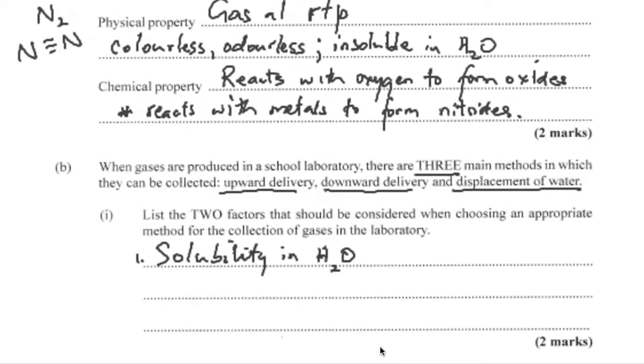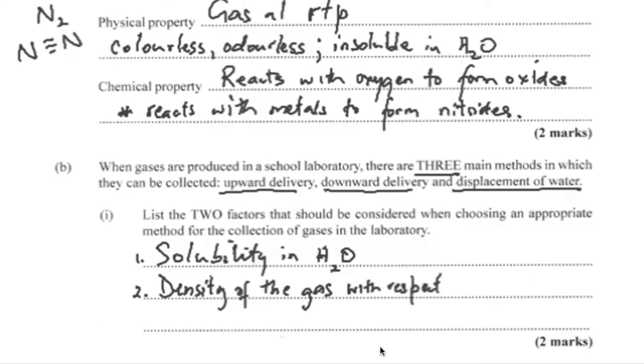It's going to dissolve in the water. We also need to think about the density of the gas with respect to the density of air, or relative to the density of air.